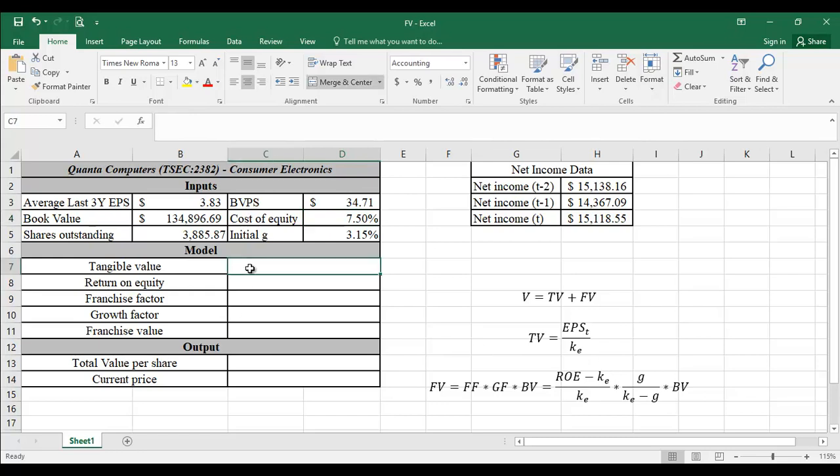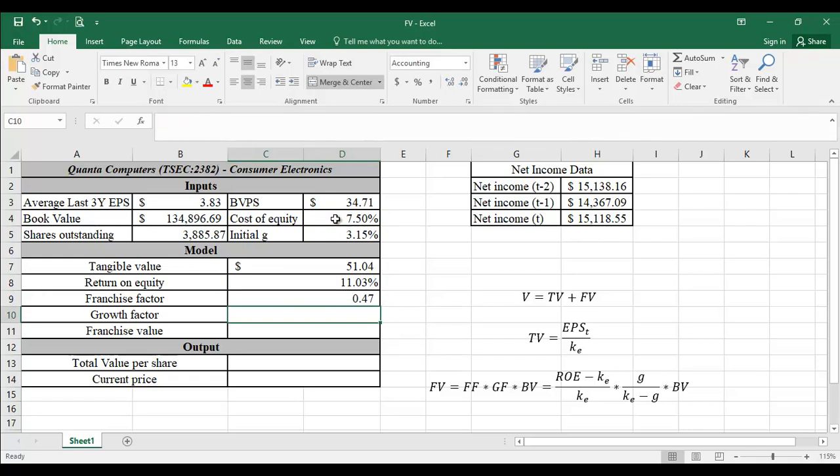Tangible value is estimated by dividing the expected EPS by the cost of equity. Then we have to estimate the return on equity, which is the ratio between the EPS and the book value per share. Then following the equations here, the franchise factor is the difference between return on equity and the cost of equity divided by the discount rate.